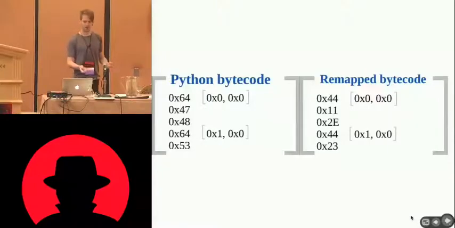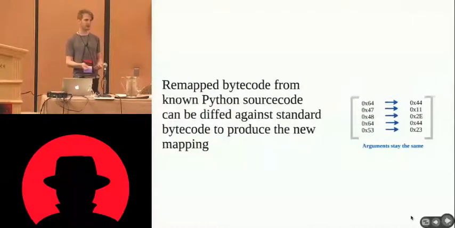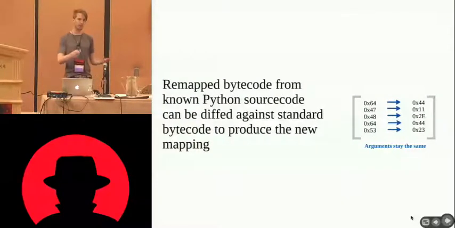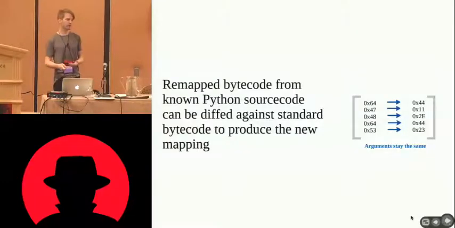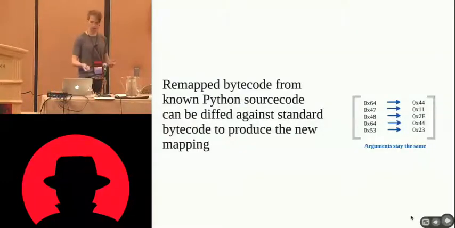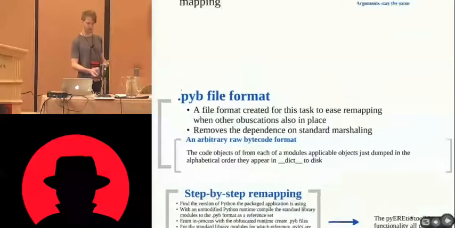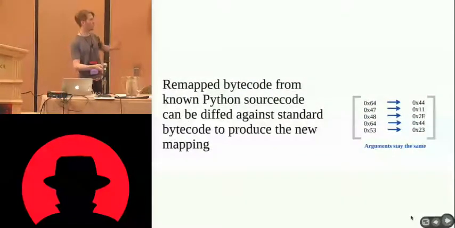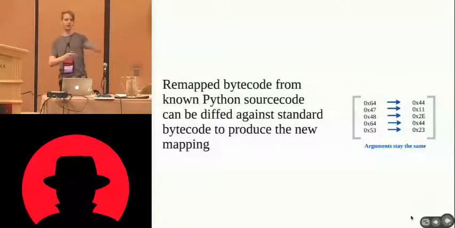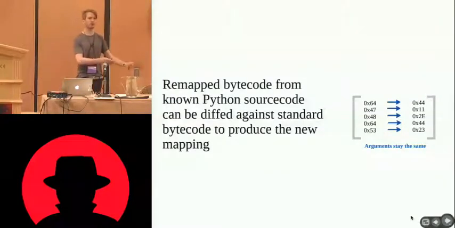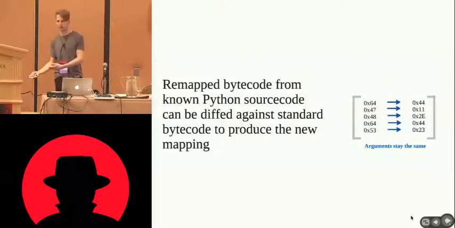Now, if we carry on doing this, we can build up a remap table. I'll get to the step-by-step. We stream through as much Python source as we can. We've got access to all their obfuscated modules. They distribute a runtime that's got all the standard library modules, os.py, all the stuff that comes normally.